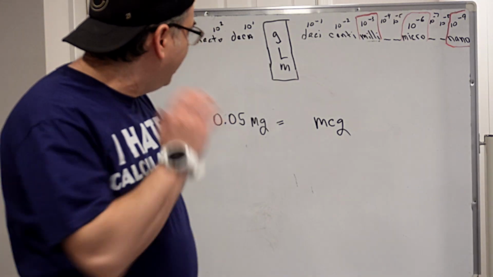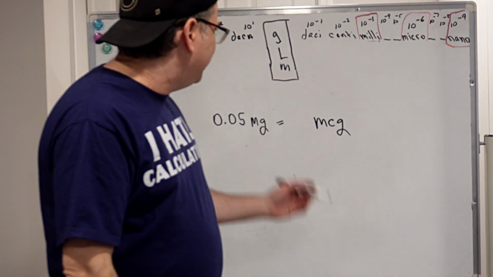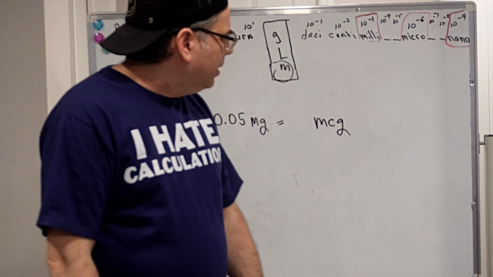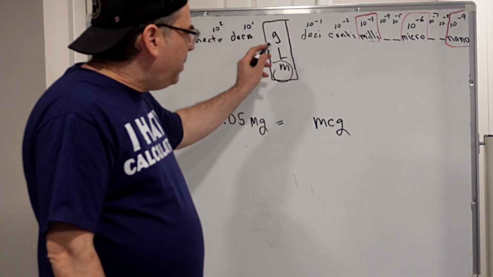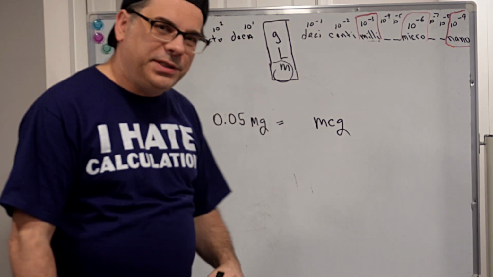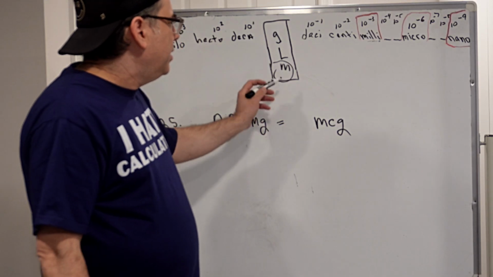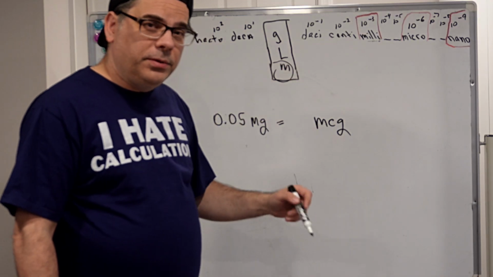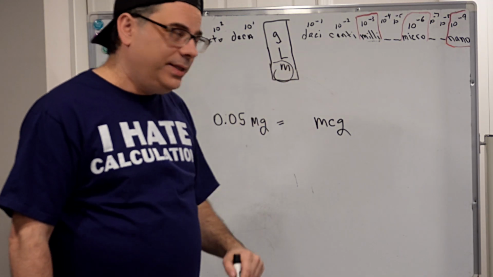I just want to say, I've been noticing a lot of these questions. You're going to say, why aren't you using meter? And it doesn't really make a difference. Whatever it says, because these are the base units, gram, liter, meter. So it's still moving the decimal point to the right or to the left. So let's say we want to go from 1 meter to 1 millimeter. So all you do is move the decimal point 3 to the right, or vice versa.